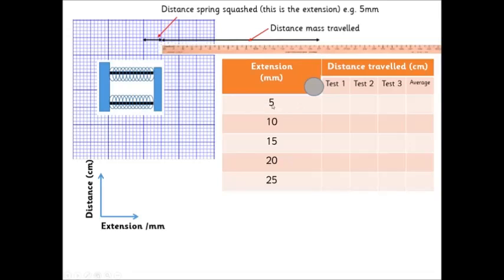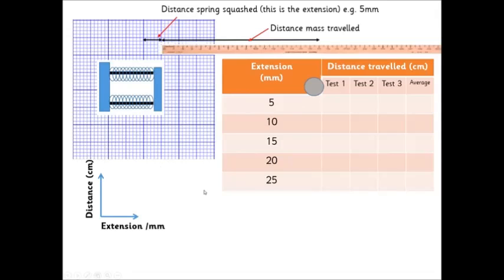And you did it for different compressions of the spring. So these are our compressions, or I've just labelled it extension because that's what we used to calling it. But remember, some springs can be extended or compressed. So we've squashed it by 5 millimeters, and we see how far, then 10, then 15. And I'm not going to go into the results because I'm not too fussed about that at this stage.